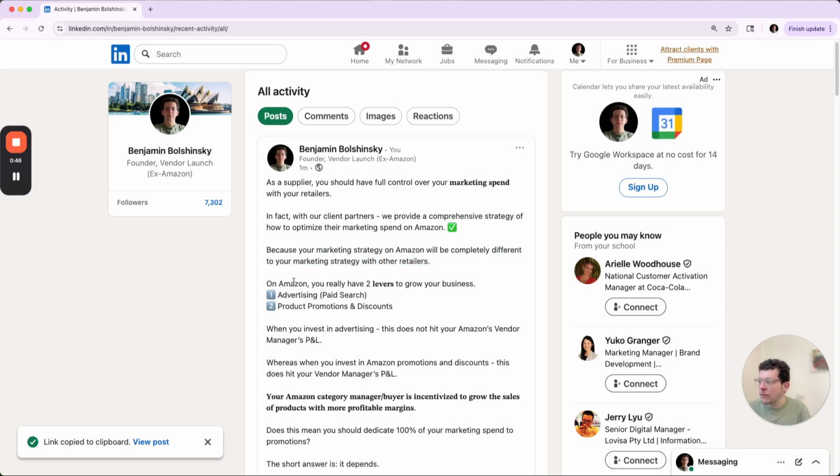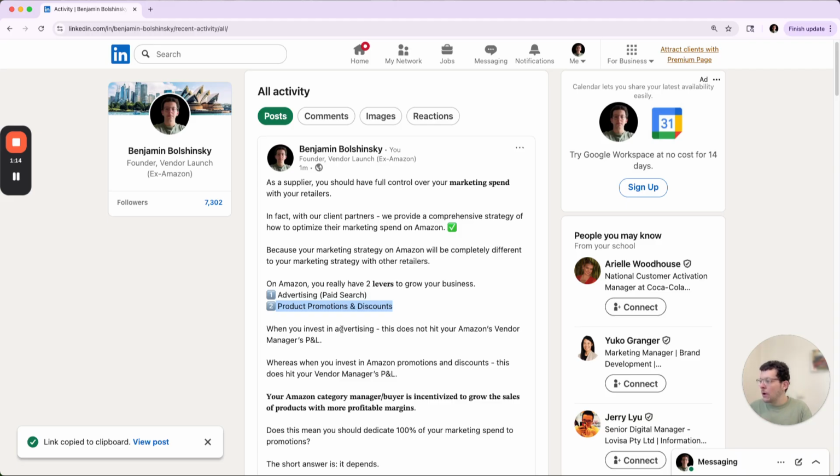On Amazon, as a vendor, you really have two main levers to grow your business. The first is advertising, also called paid search, sponsored products, PPC. And then the other is running your product promotions and discounts.